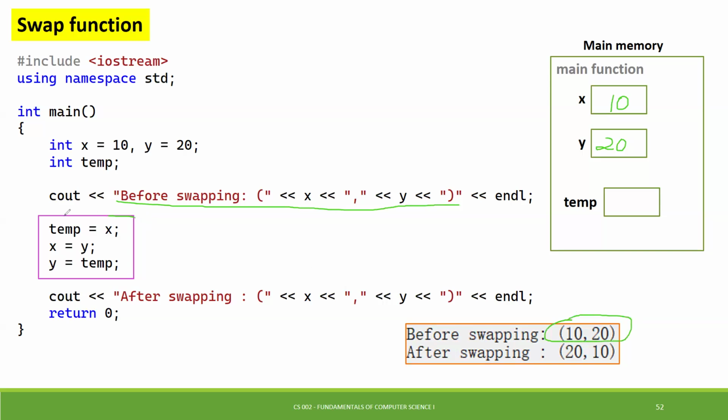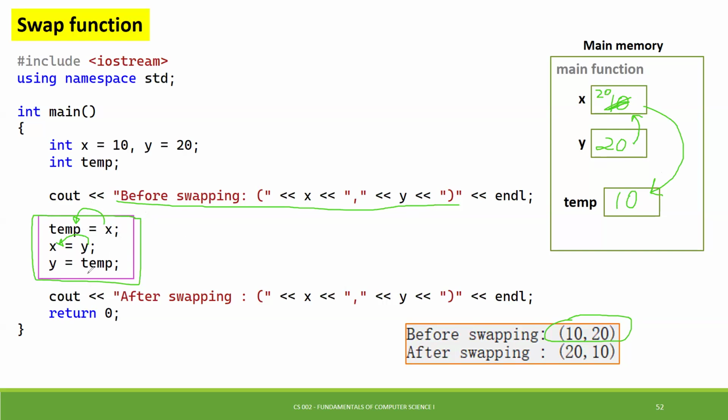This box shows swapping. So x will be saved in temp, so temp has 10. Then y is saved in x, so x will be 20 now. 10 is gone.